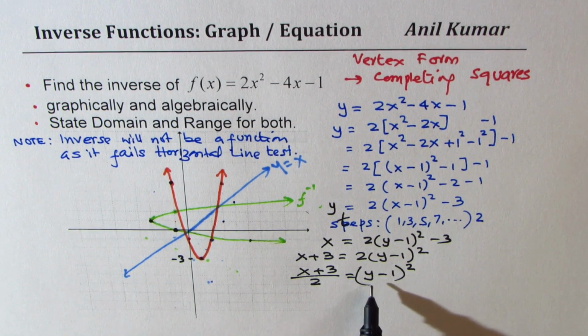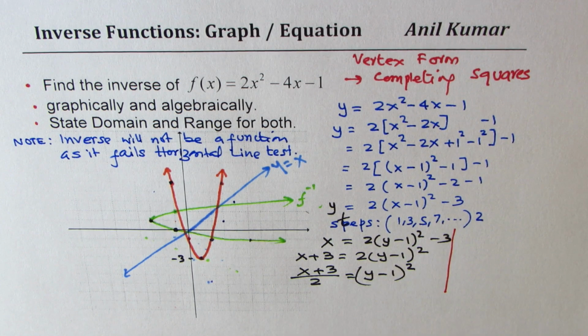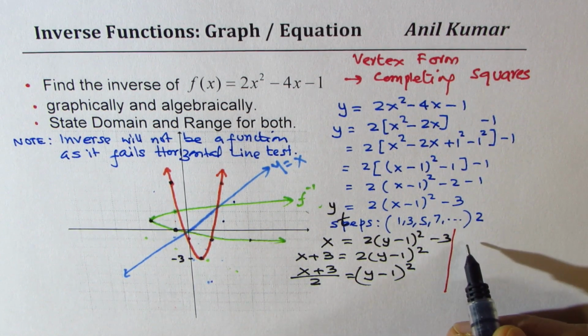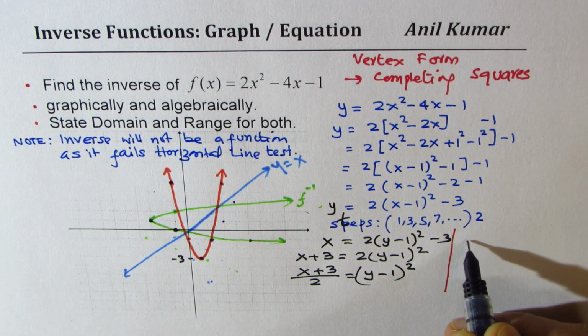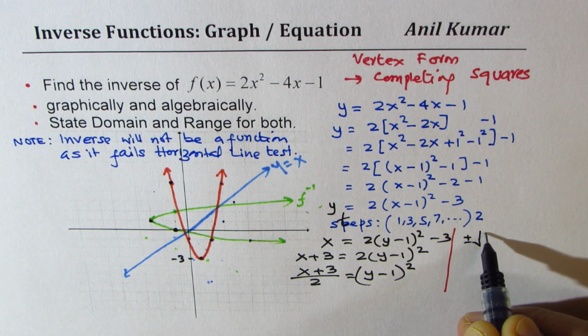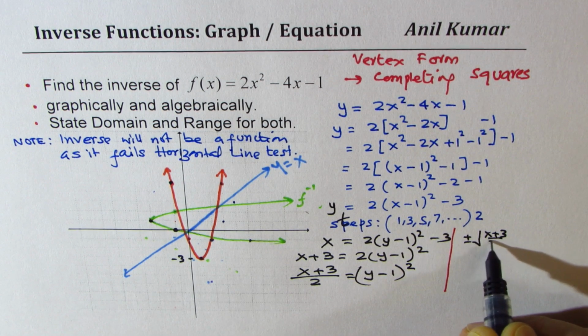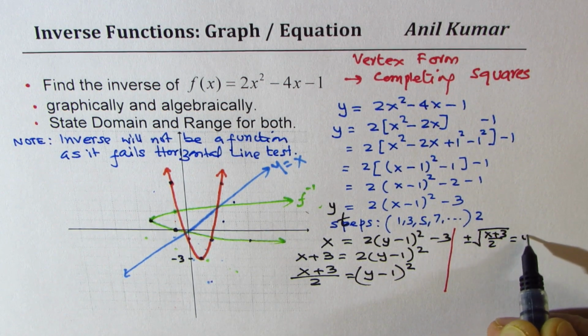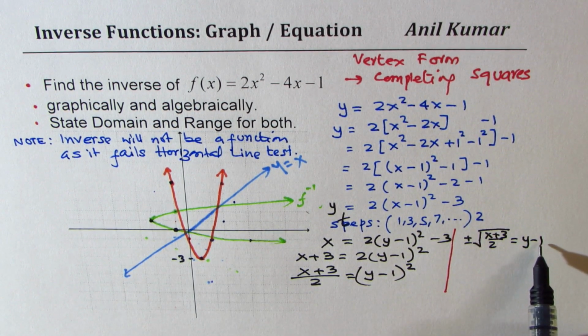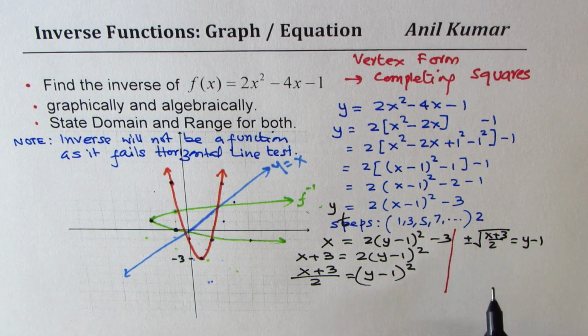Now, to get the value of y, we'll take the square root. So let's do it on this side. So square root means we can write this as plus minus square root of x plus 3 over 2 equals y minus 1. And now we can write y as 1 plus that.